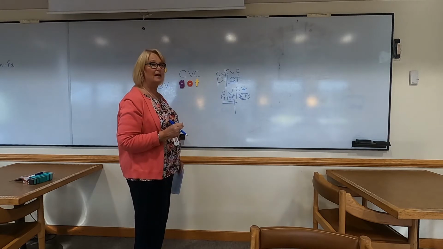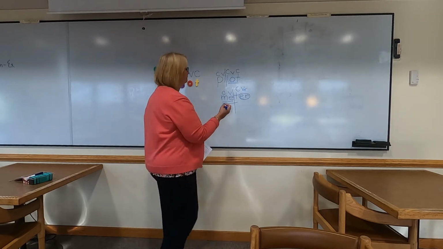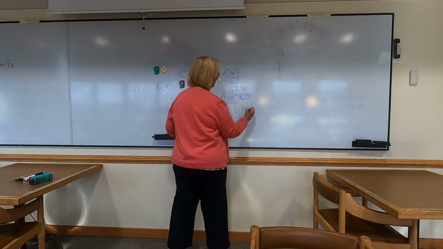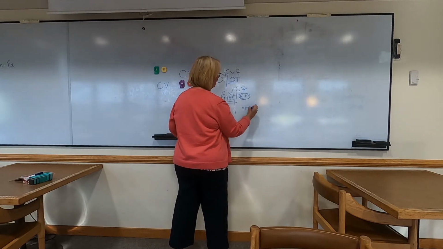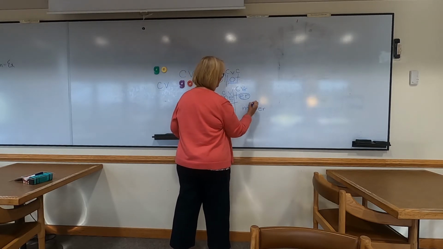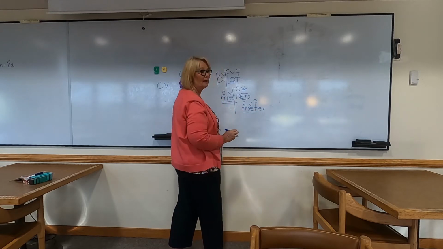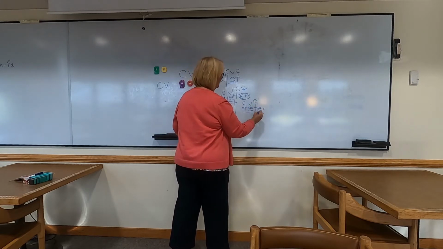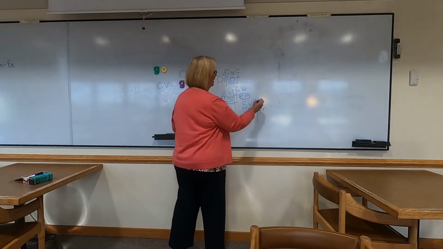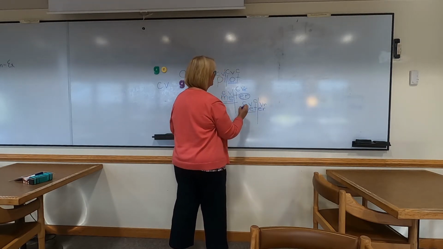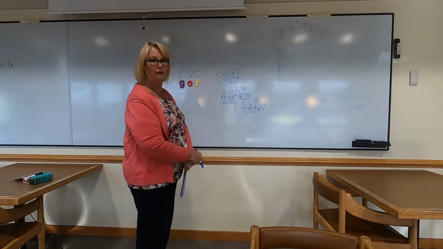So meter makes sense, but what if I decided I was dividing this word up and I decide I know what this word is. This is a consonant vowel consonant pattern. I know that word is met. So I would divide it there, and then I have that bossy R at the end. That would be met-er.